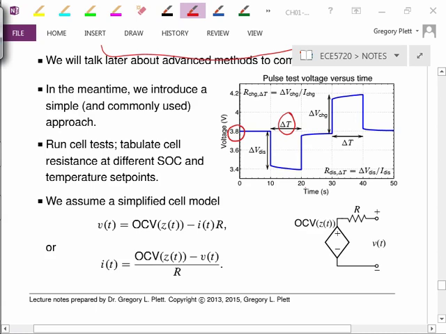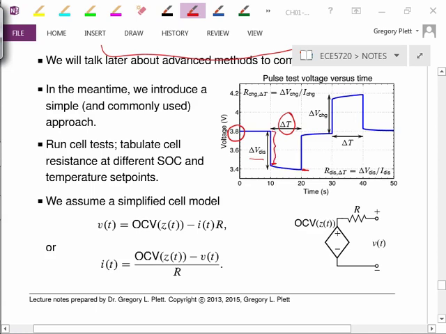So if you have an application that requires a delta t of 5 seconds or 15 seconds, whatever, you run the tests that long. And what we're interested in is how much does the voltage change total over those delta t seconds. So it's not the instant drop, which would bring me down to here, but it's the total drop, which brings me down to there. So the delta V dis is the total voltage drop, which includes this drop.